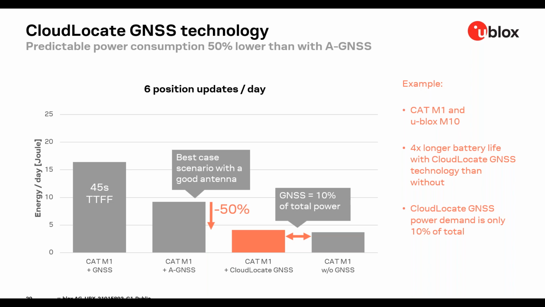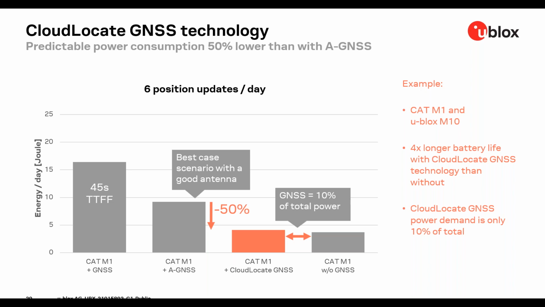Starting from the right side of the graph. Well, I've previously mentioned that one of the benefits is that we can enable new business. Why do we say that? If we compare a pure connectivity solution, that is the column on the right side, we see that CloudLocate adds only 10% in terms of power consumption.